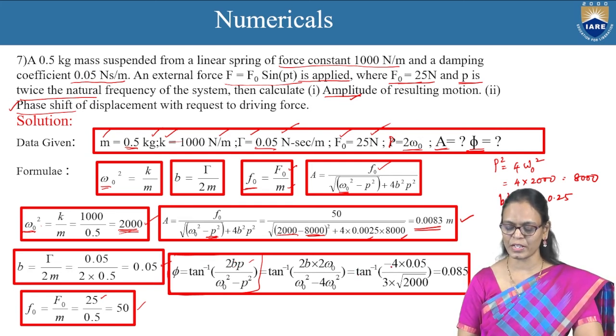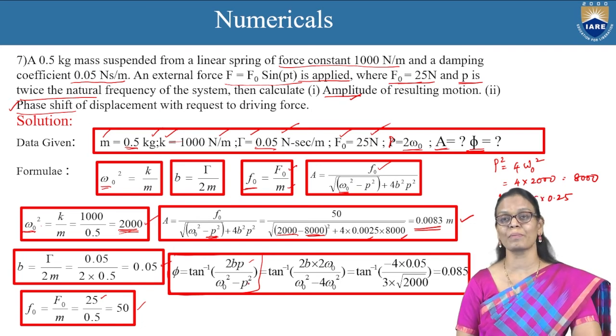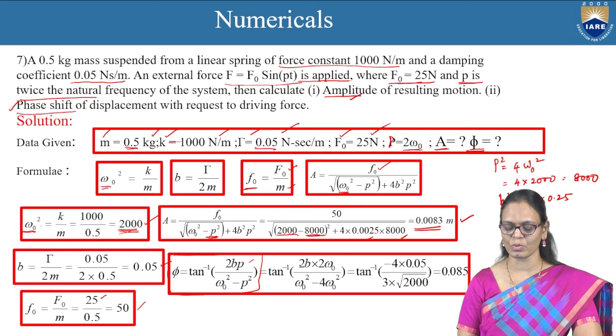So what we have here is minus 4 into 0.05 upon 3 into under root 2000. Now, when we are substituting for P square as 2 omega naught, so it will be 4 omega naught square. And for P, we are substituting 2 omega naught. So 2B omega naught upon 3 omega naught square.